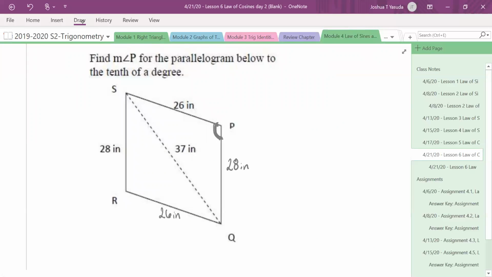So if we're talking about law of sines and law of cosines, why are we talking about parallelograms? Well, because when you draw the diagonal of a parallelogram, guess what? It makes two congruent triangles. And so we can wrestle with this triangle. Can we find angle P?